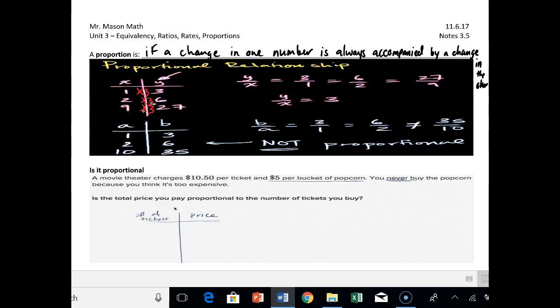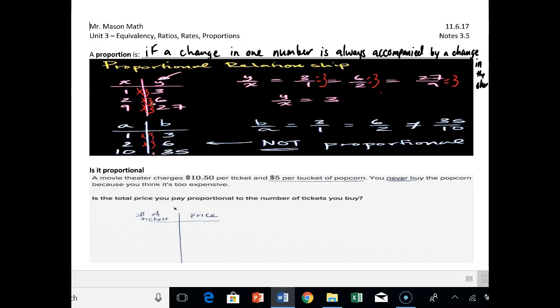So notice that the change in them is proportional. If you put y over x, you'd have 3 over 1, which is 3, 6 over 2, which is 3, and 27 over 9, which is 3. So that multiplier of 3 stays constant. It's proportional. Notice, however, if I change this last value: 1 to 3, 2 to 6, these are all times 3.